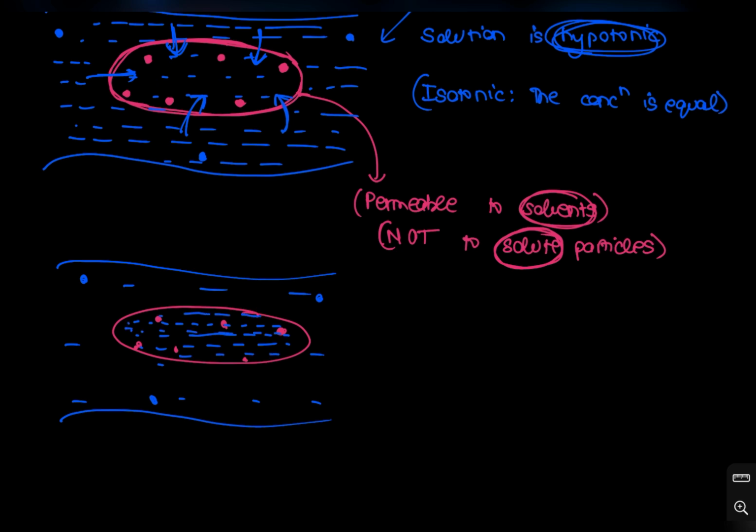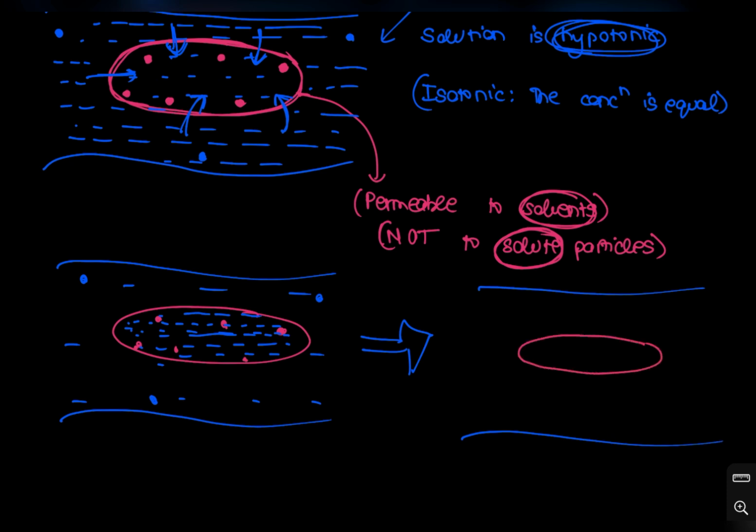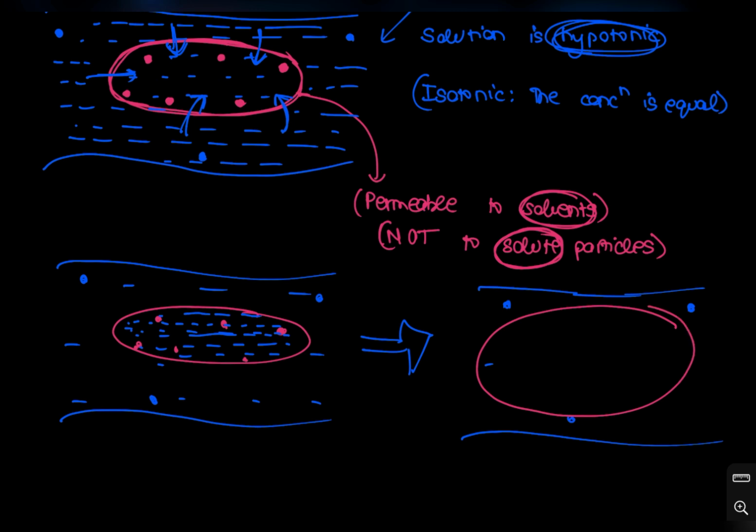Since there is a lot of solvent inside the RBC, this RBC that was a normal size will swell up, just like raisins swell up when kept in water, in order to accommodate all of this solvent inside it.